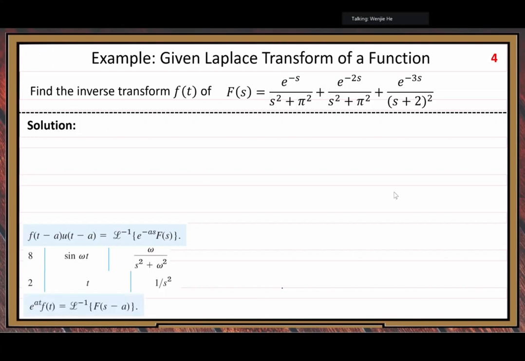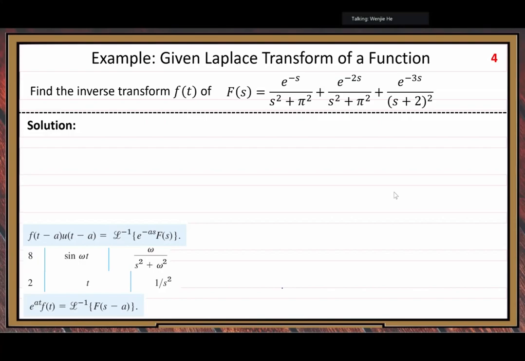Here, this is the first shifting theorem. We need to use it here for s plus 2. This a is negative 2: s minus negative 2, so s plus 2. So then applying the first shifting theorem, we have this e to the negative 2t times little f function.